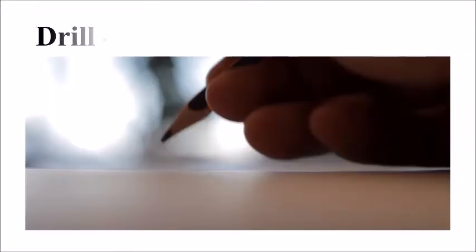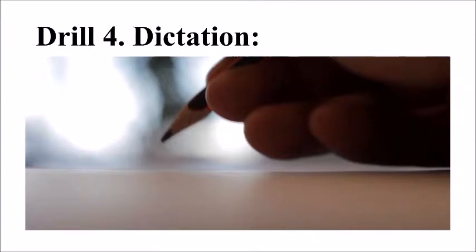Toot. Drill number 4. Dictation. Listen to the following list of words, then write each word you hear in your paper. You will hear each word twice. Then check your answers at the end of this video. Number 1. Fab.